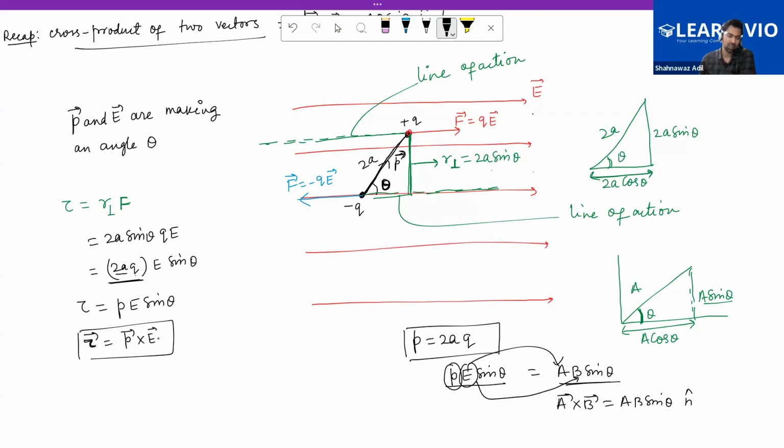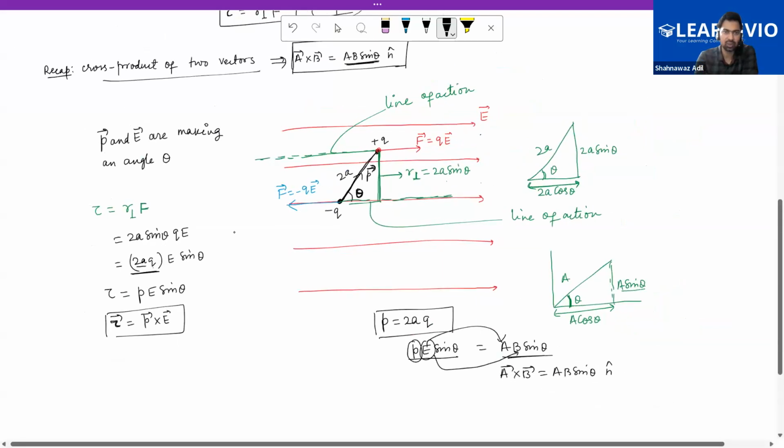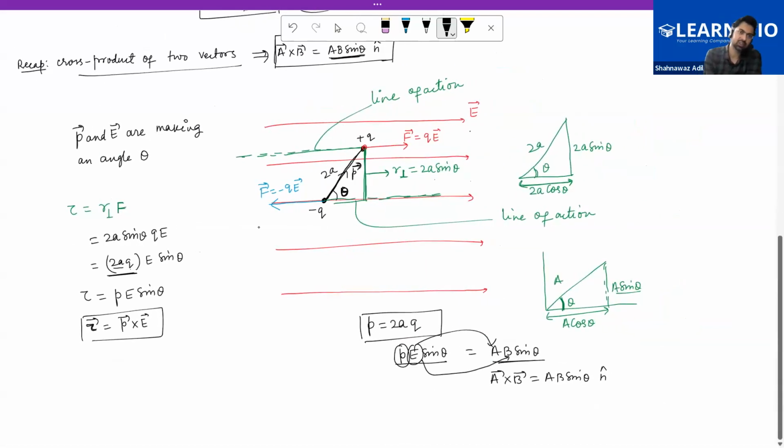Yes, sir. Okay, so please note it down. This is very important. This derivation is very important. So please note this thing down. Right, torque in dipole.